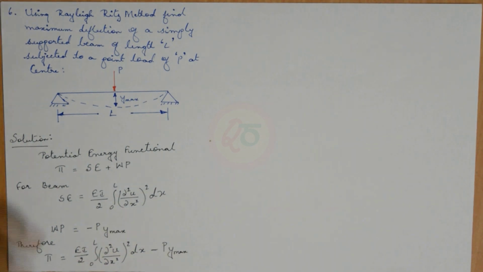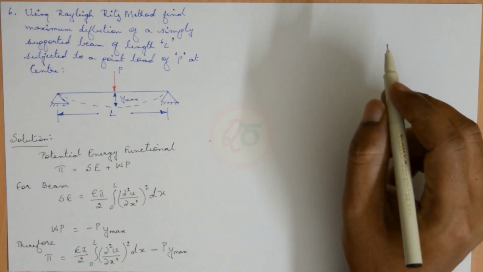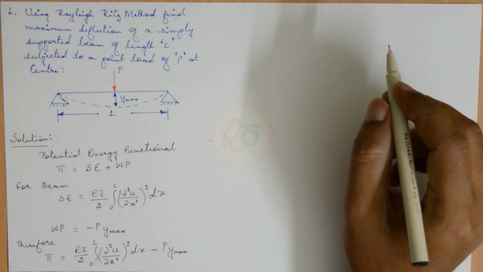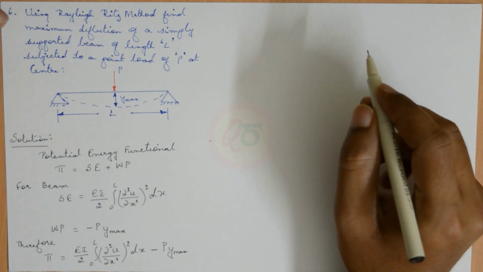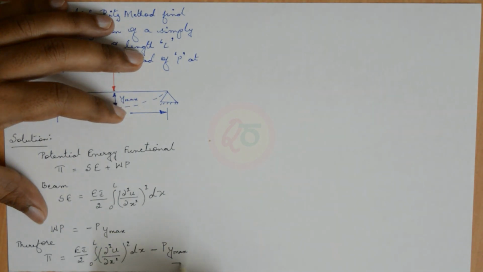So this is the potential energy functional. Now the second step is to assume the polynomial or trigonometric approximate displacement function. I'll call the potential energy functional equation, equation 1.